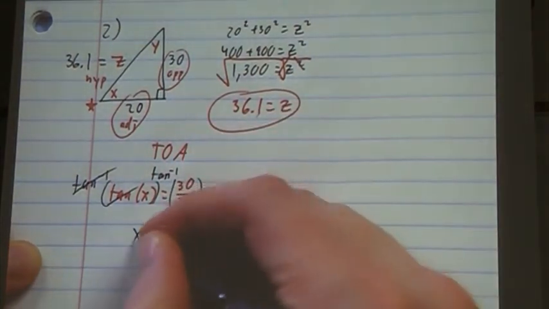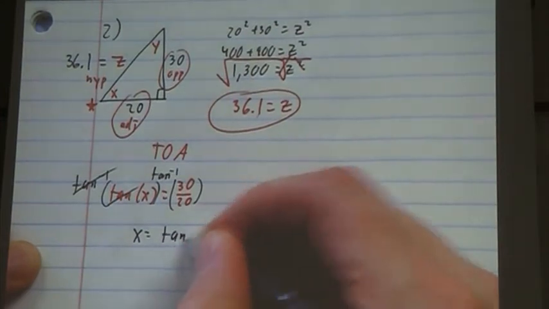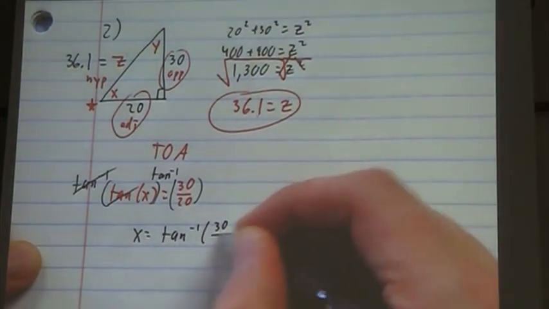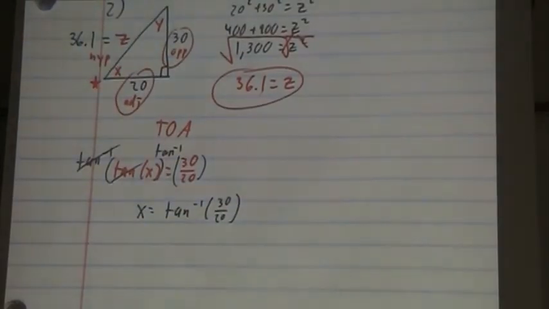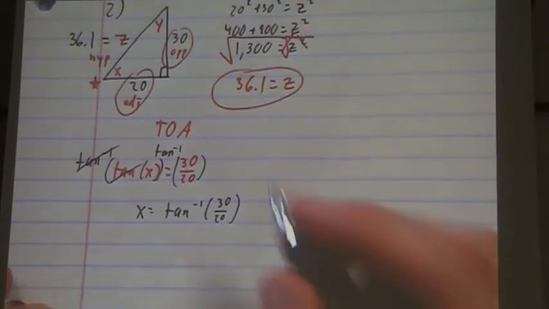And now I have x equals inverse tangent of 30 over 20. Plug that into my calculator. Inverse tangent, 30 over 20. I'm getting 56.3099. So 56, maybe straight up.